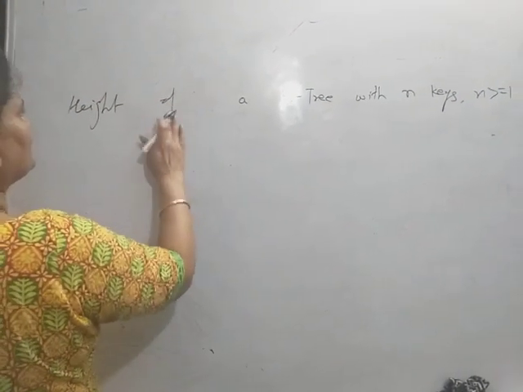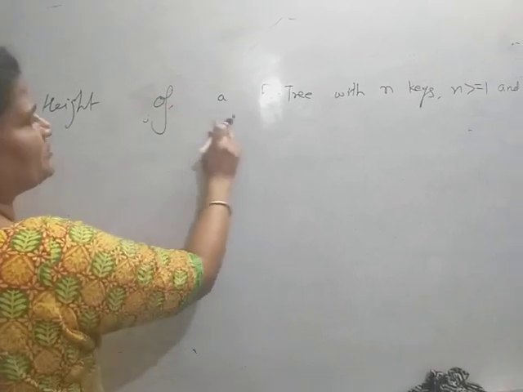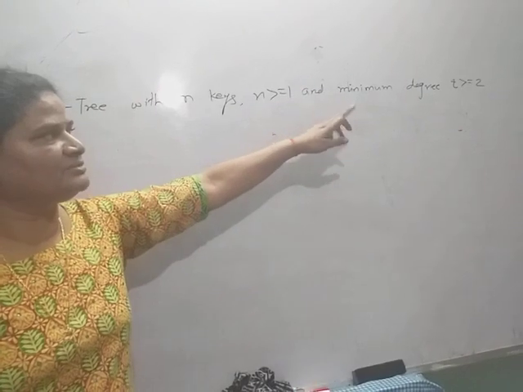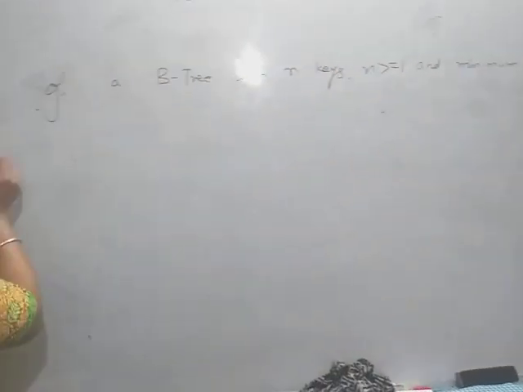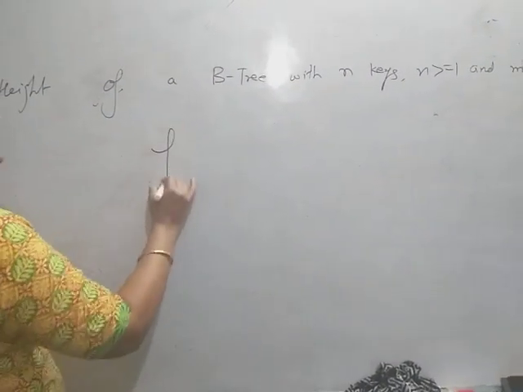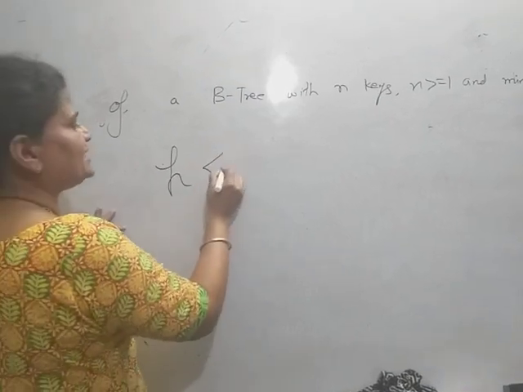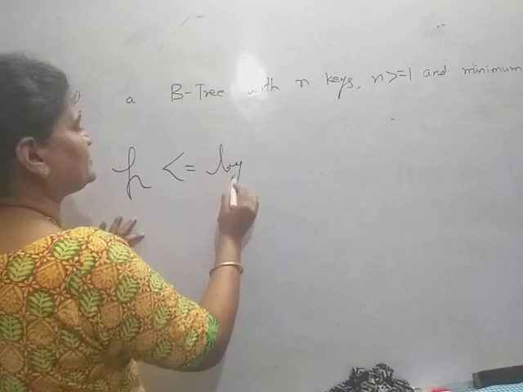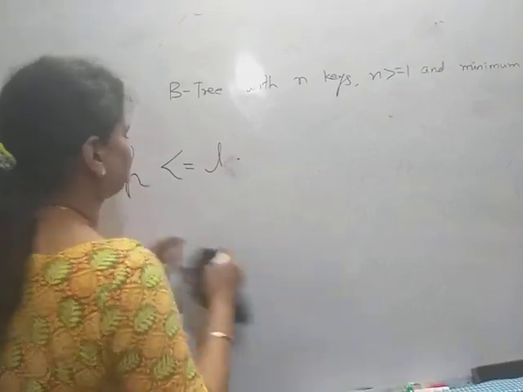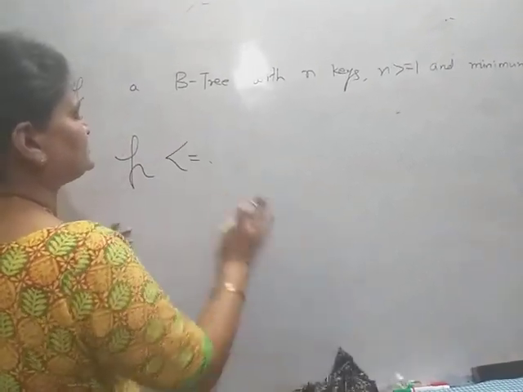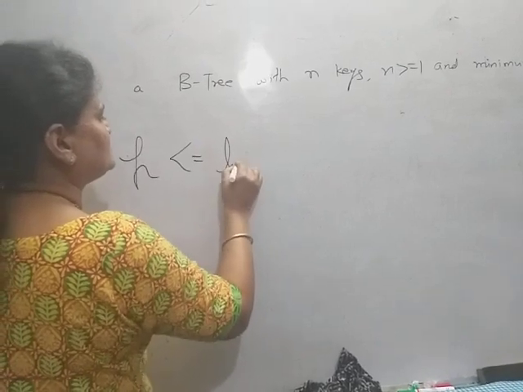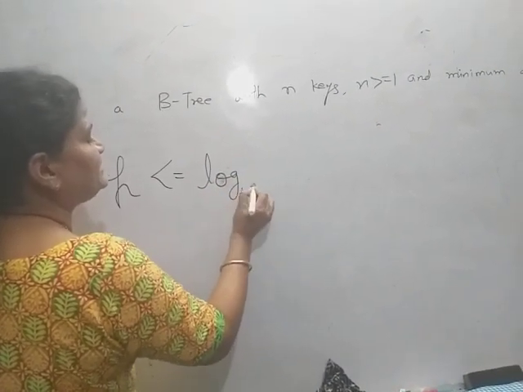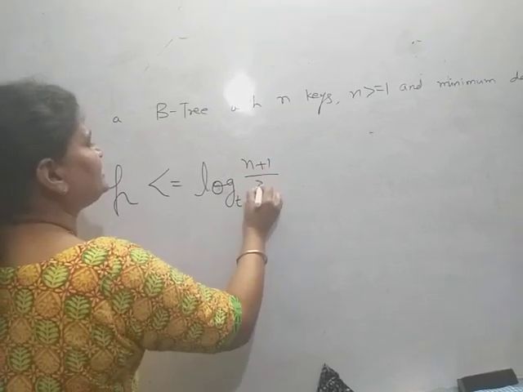The height of a B tree with n keys, n greater than or equal to 1, and minimum degree t greater than or equal to 2, is h, which is always less than or equal to log base t of (n plus 1) by 2.